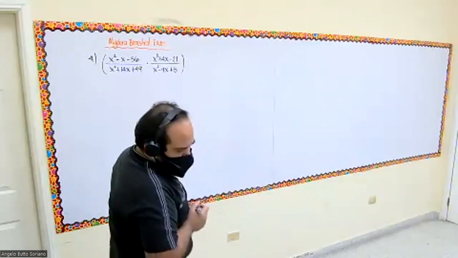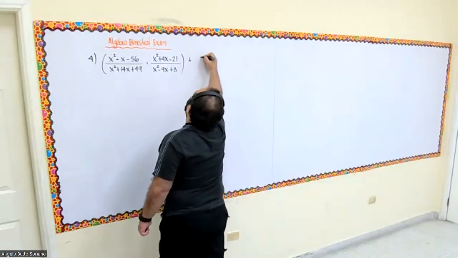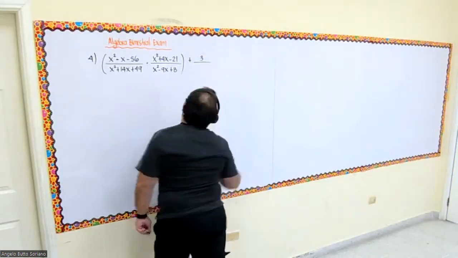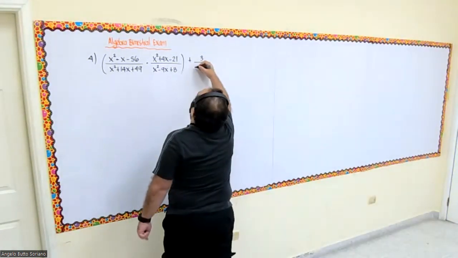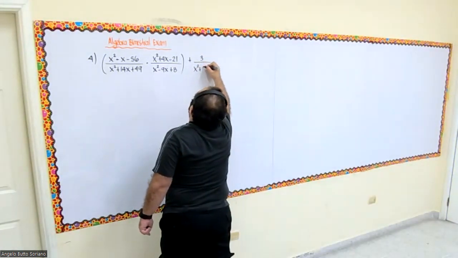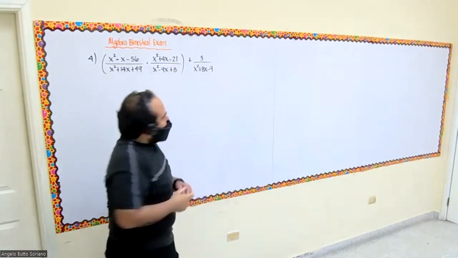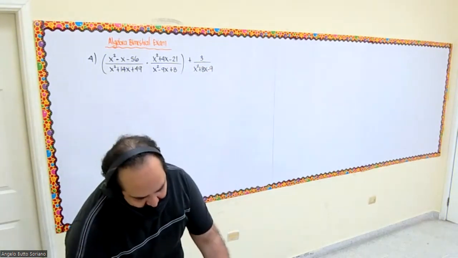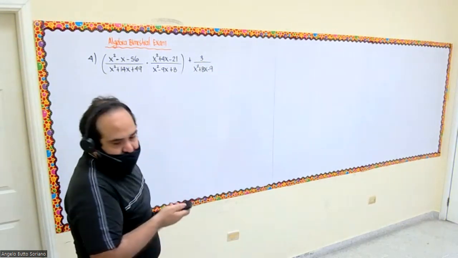And this expression adding 3 over x squared plus 8x minus 9. And we're supposed to factorize; we must solve these combined operations.